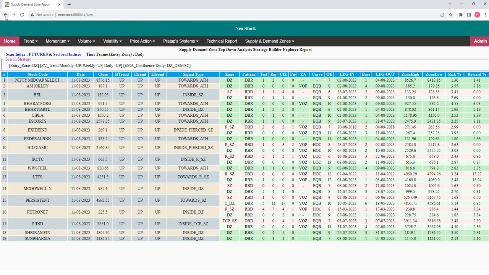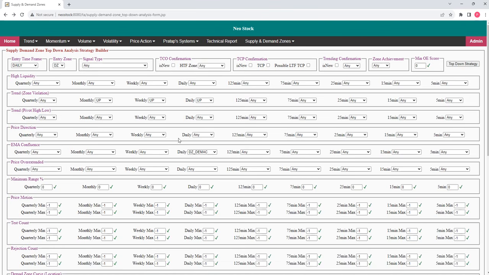So let me go back and further increase the complexity by adding one more parameter. What I want is the stocks that are having at least 6% range between demand and supply, so that my profitability will increase.